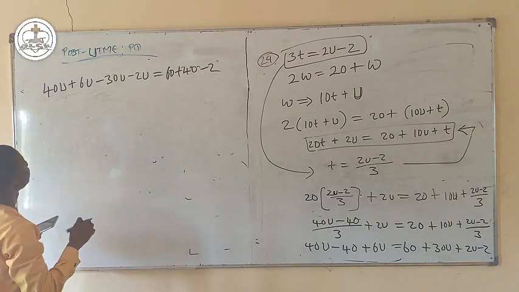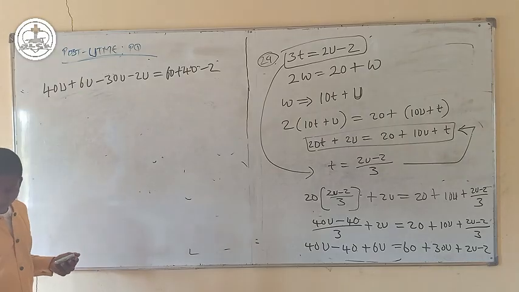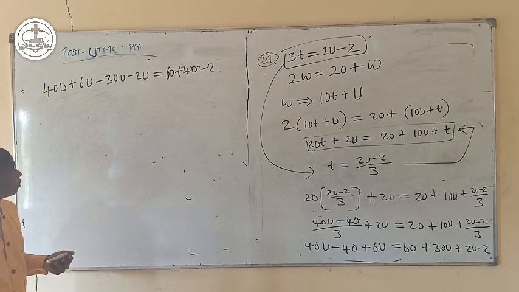So this is going to be 40 plus 6 minus 30 minus 2.